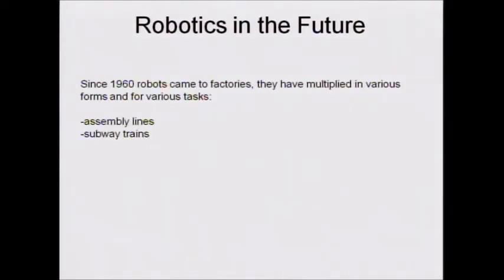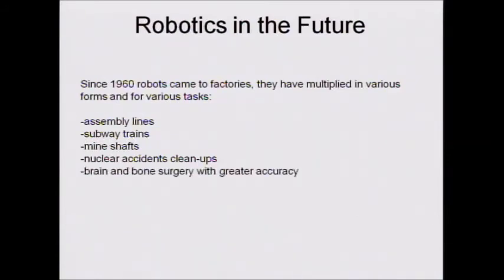We explained that robots right now can be used in subway trains as good drivers. You can use robots to dig mine shafts, to go into nuclear cleanups and do some damage control. You can even use robots to do brain and bone surgery with great accuracy.